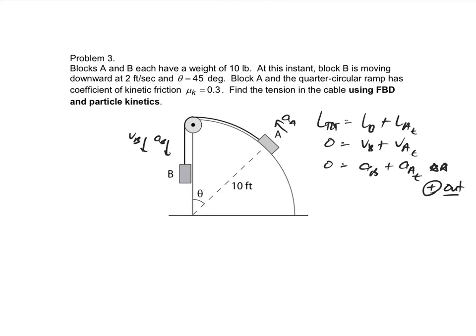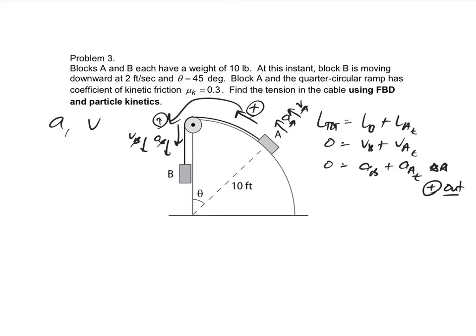Whatever velocity I have of B would be the velocity of A. So I'm just going to say this direction is positive. And then I just have one acceleration and I just have one V, and I don't have any B's or A's.